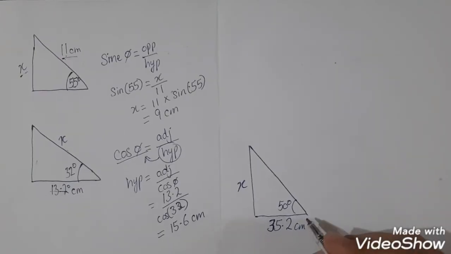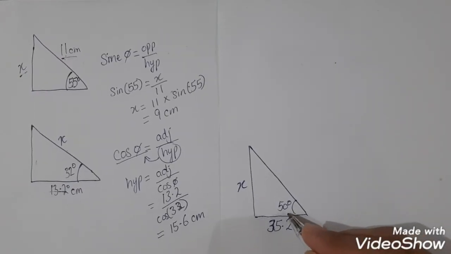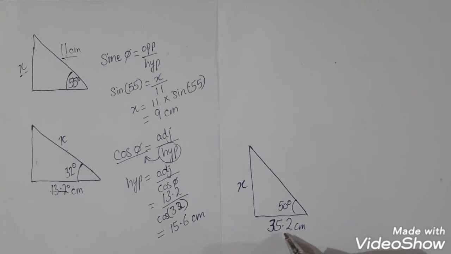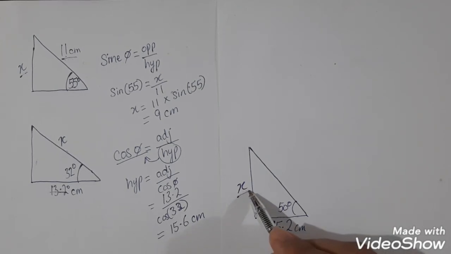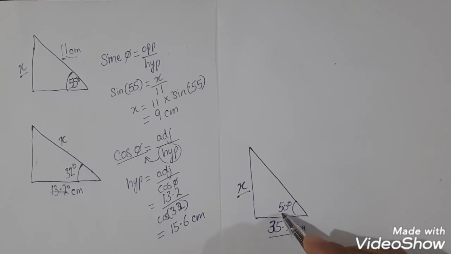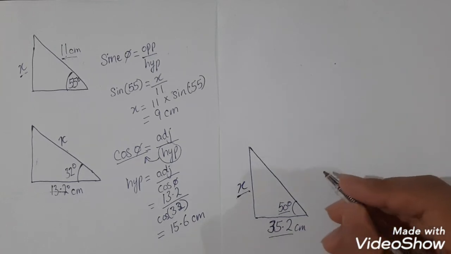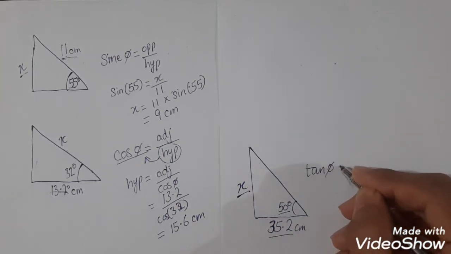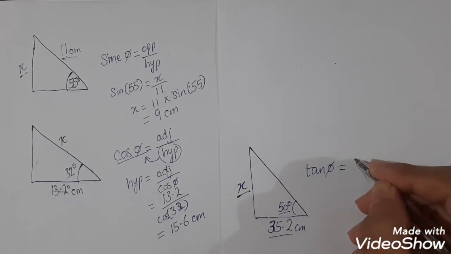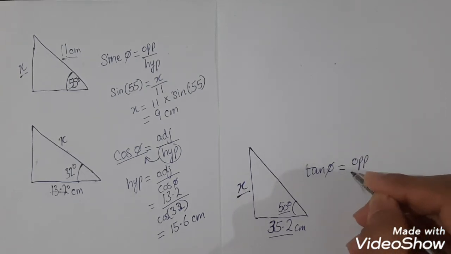Then in question 3 we have the angle 50 degrees and the adjacent length of 35.2 centimeter, but we have to calculate the length of opposite, which is marked as x. So in this we have the value of adjacent and the angle, but we don't have the value of opposite, so we'll use tangent ratio, which is tan theta is equal to opposite divided by adjacent.